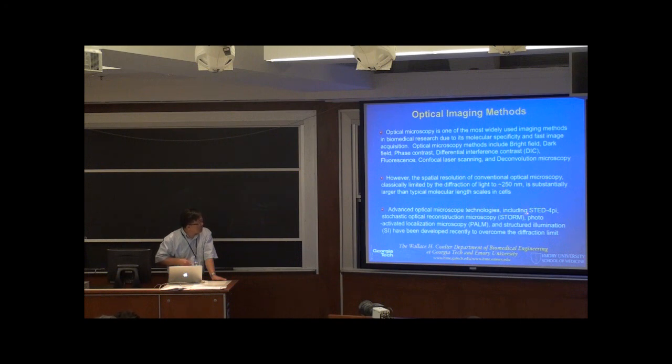For STED, the inventor, Stefan Hell, claims that you can reach roughly 30 nanometer spatial resolution. It's much better than 250. Some of those are being commercialized. I know STED has been commercialized by Leica. I heard STORM is also being commercialized.